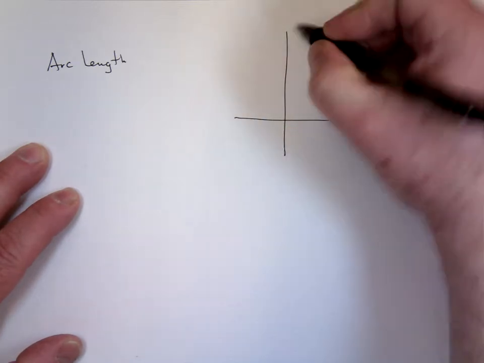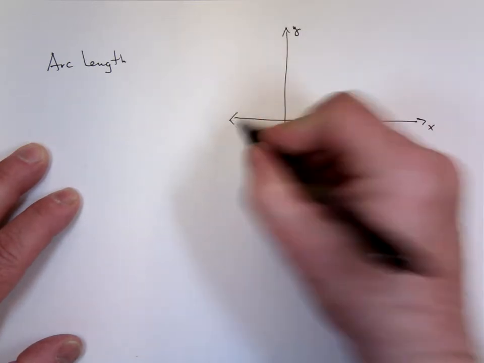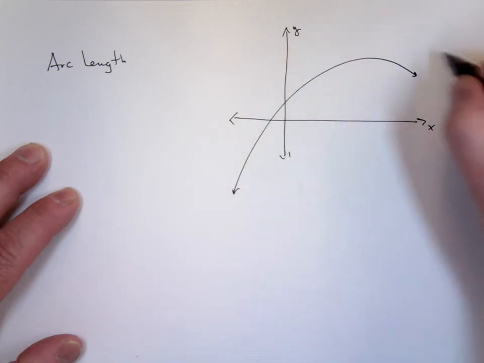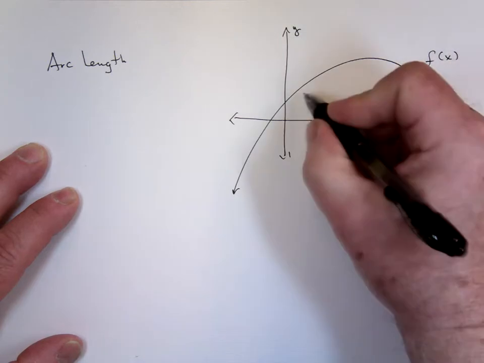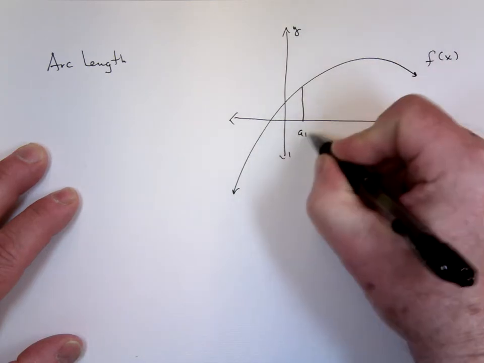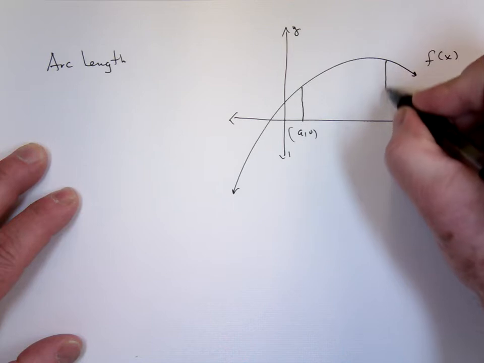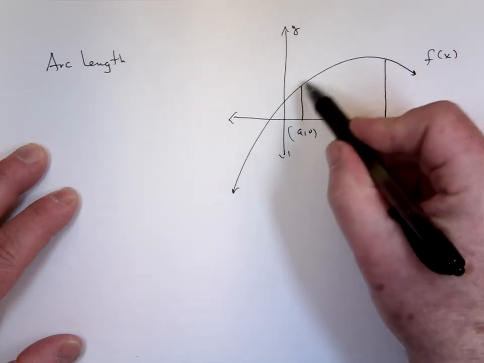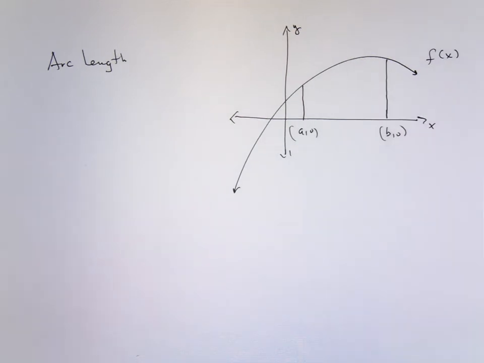Given some function f of x, let's say from a to b, find the length of this curve, along the curve. If you were walking along this path defined by this function, it's the distance traveled along that path. Okay? It's the length of the curve.